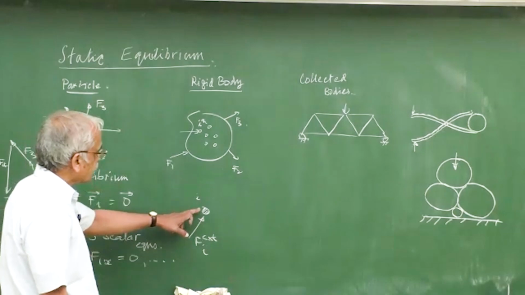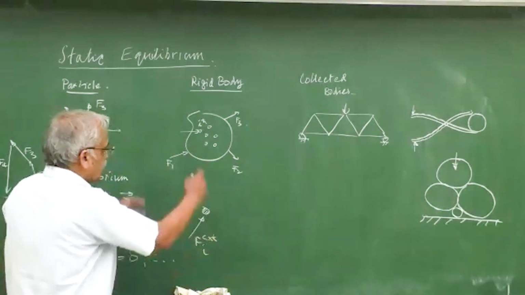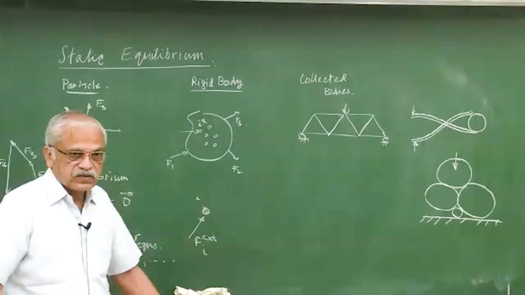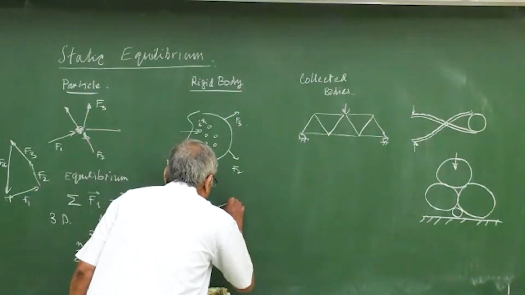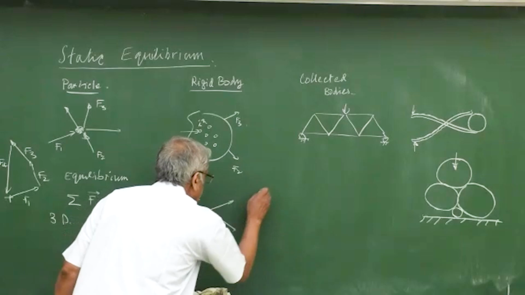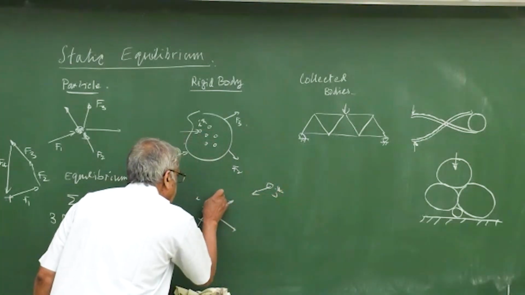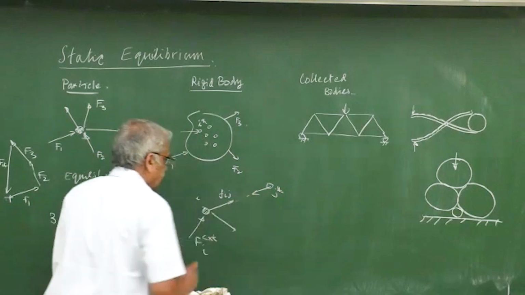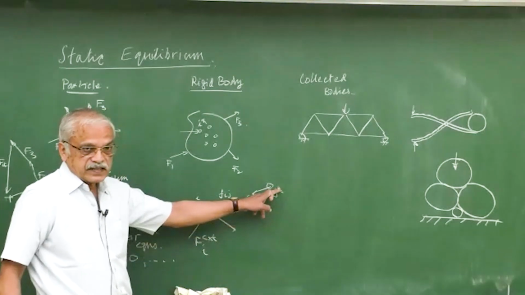Apart from this, since we are isolating this particle from the rest of the other particles, they are all molecules, so there are all kinds of electromagnetic forces, attractions, repulsions, and so on. Say there is a jth particle here, and there is Fij. That means there is a force acting on the ith particle because of the jth particle.